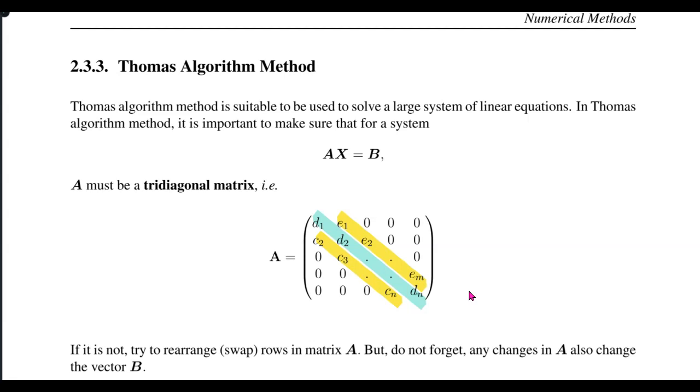But if it is still not possible after you try to rearrange your matrix A, then it means that you cannot proceed with the Thomas algorithm method. So you need to choose any other method that you have learned before. So that is the specific criteria for the Thomas algorithm method.